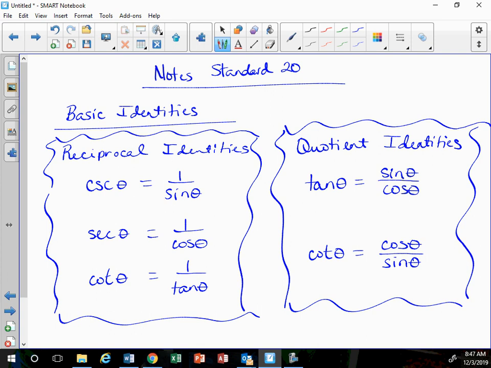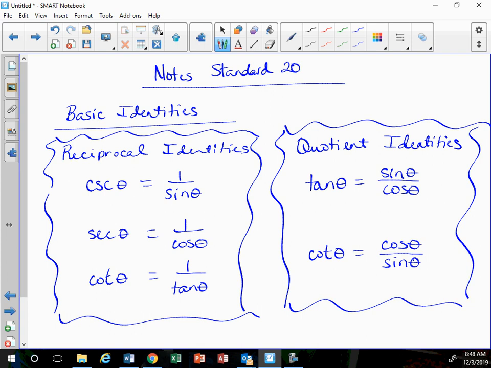So guys, yes, you will have to know these. What you'll do on your quarter test, we're probably going to assess you on knowing the identities, and then you'll be able to use a formula sheet on your quarter test. But I need to know that you know the formulas going into that, okay?